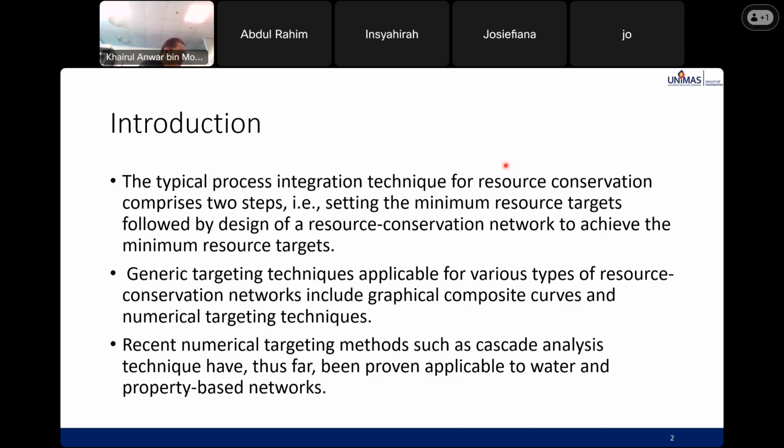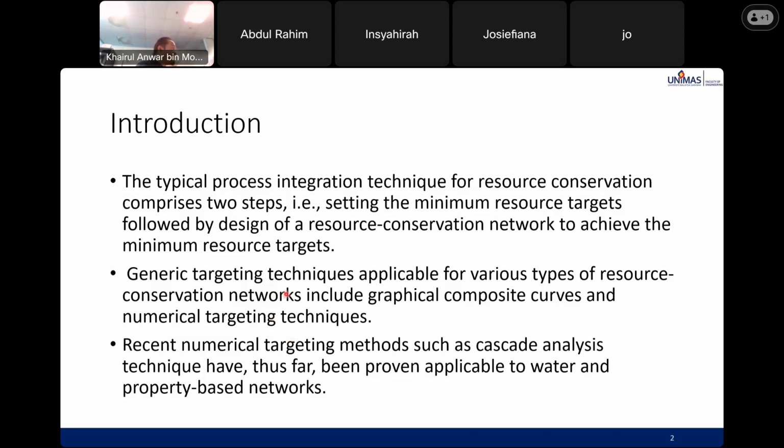The design you have learned in water, but it is still applicable because both are mass pinch analysis.